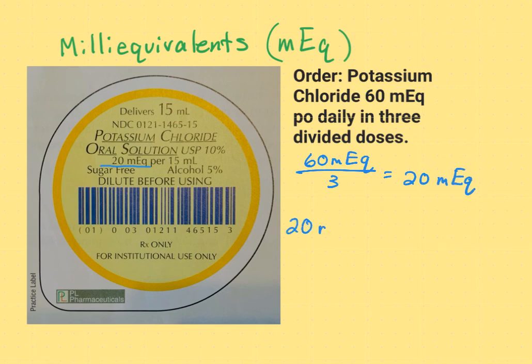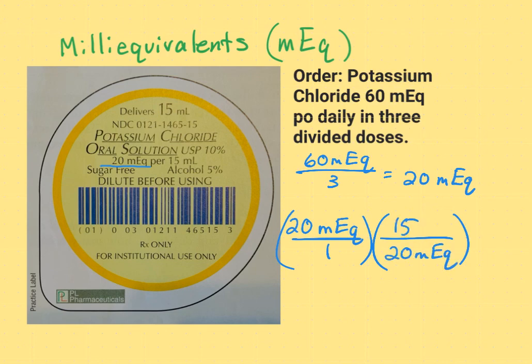So one dose is 20 milliequivalents, but notice if you go over to our label on the potassium chloride oral solution, we find that there are 20 milliequivalents in 15 milliliters. So actually the answer to this one could have just been read off the package, 15 milliliters.